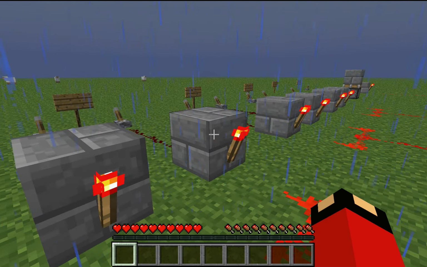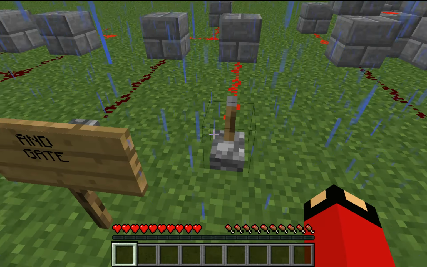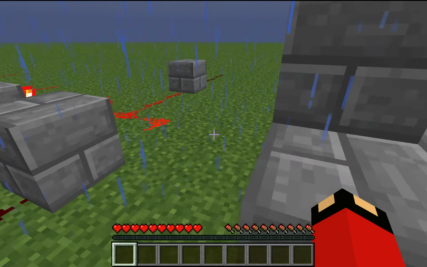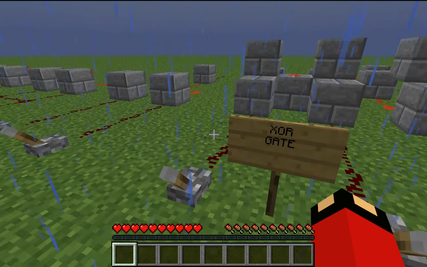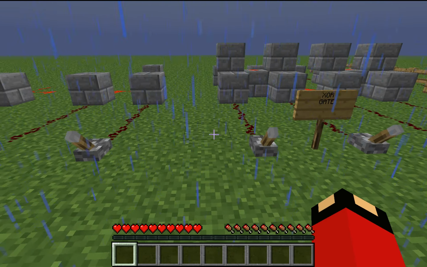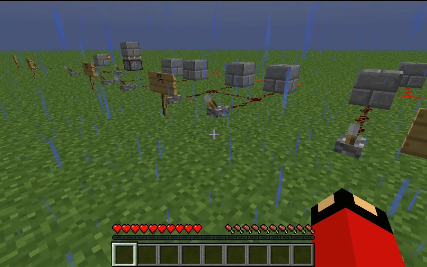This is just in between. It'll be off. And if both are off, the output is off. I'll do it for the other side just to show you as well. Pretty simple. That is called an AND gate.